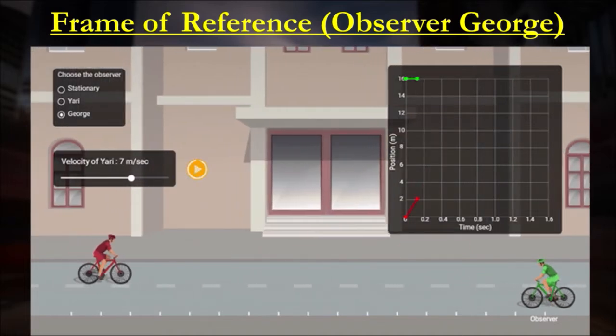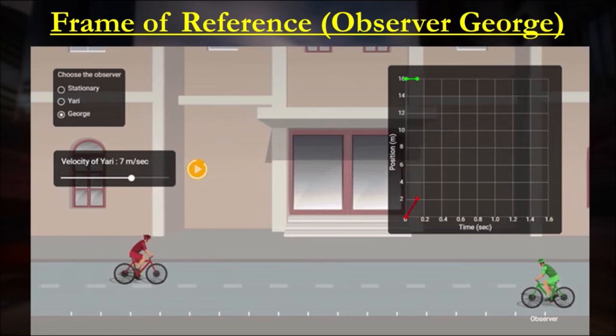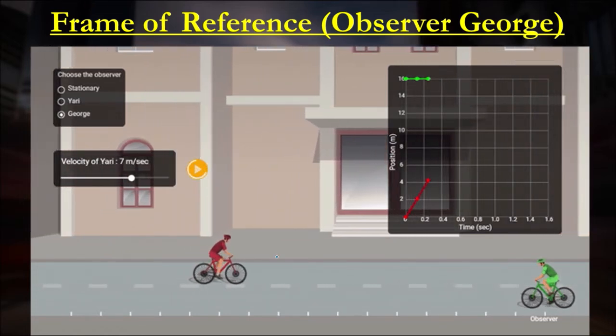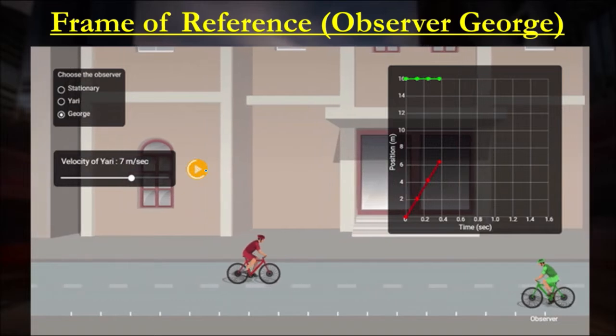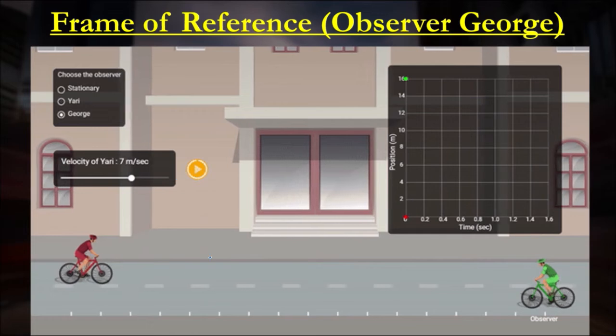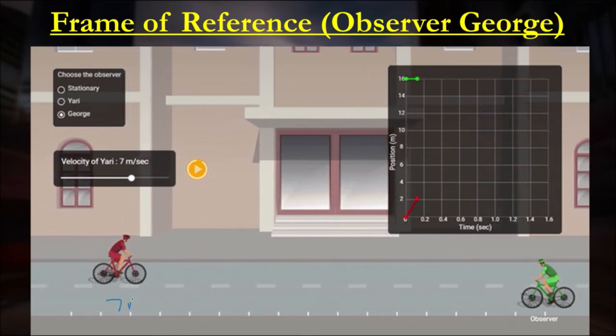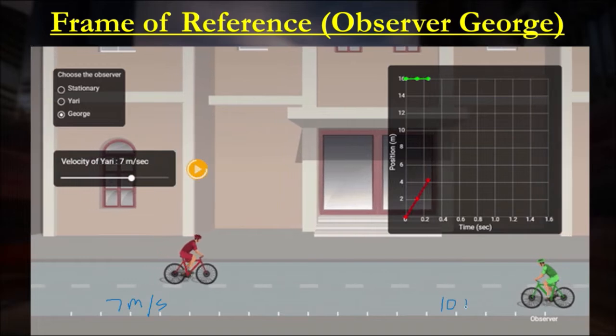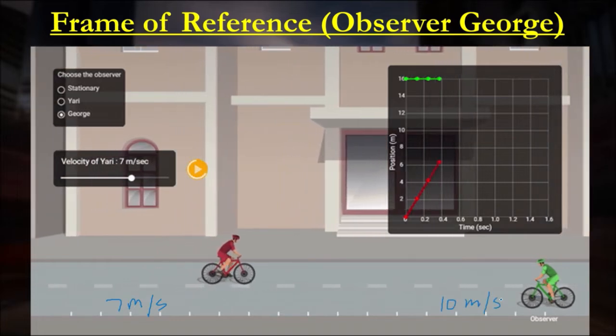Now let's go back to, or let's use this scenario. So at the start of this, Yari is moving at a velocity of 7 meters per second. George, on the other hand, was moving at 10 meters per second.